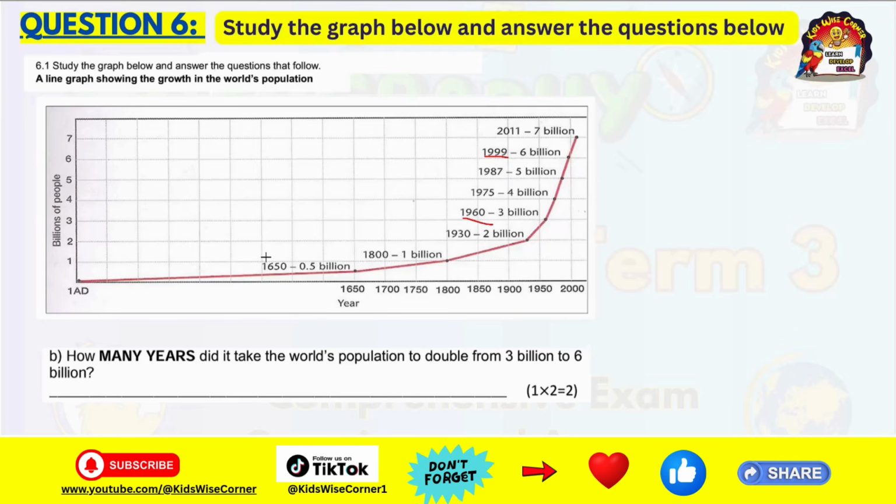We'll say the year 1999 take away the year 1960 will give us 39 years. So from 1960 to 1999 is equal to 39 years.